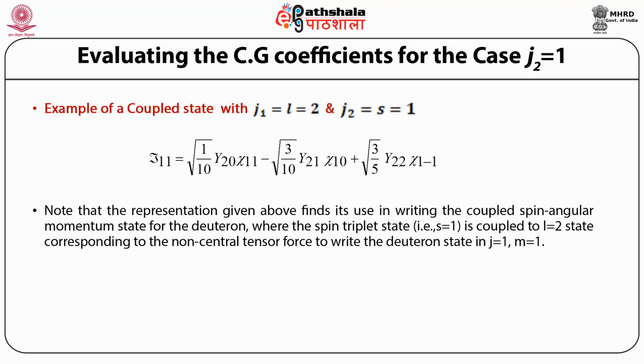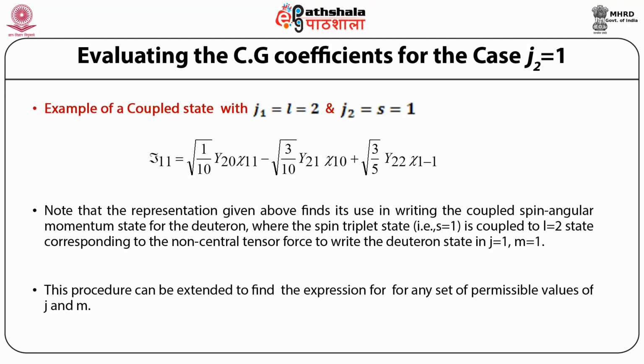Note that the representation given above finds its use in writing the coupled spin angular momentum state for the deuteron, where the spin triplet state, that is s equals to 1, is coupled to the l equals to 2 state corresponding to the non-central tensor force to write the deuteron state in j equals to 1 and m equals to 1. This procedure can be extended to find the expressions for any set of permissible values of j and m.